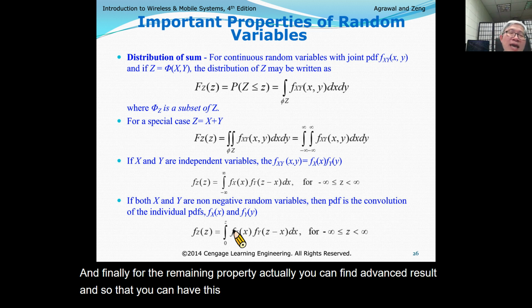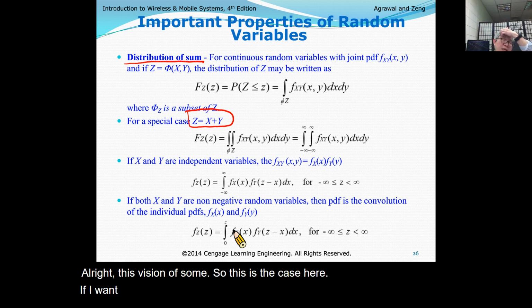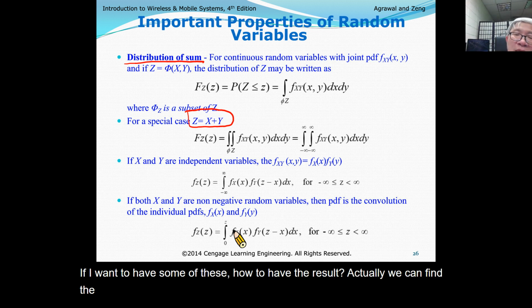We want to get the distribution of a sum. So this is the case here. If we want to have the sum of this, how do we get the result? Actually, we can find the area, and we use a double integral.